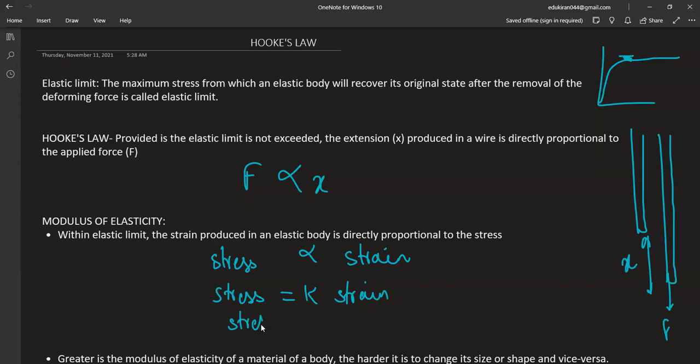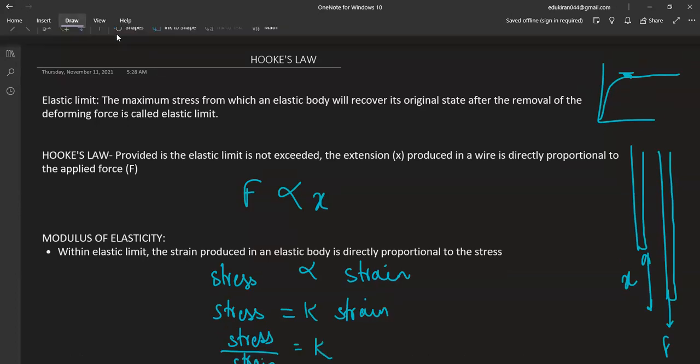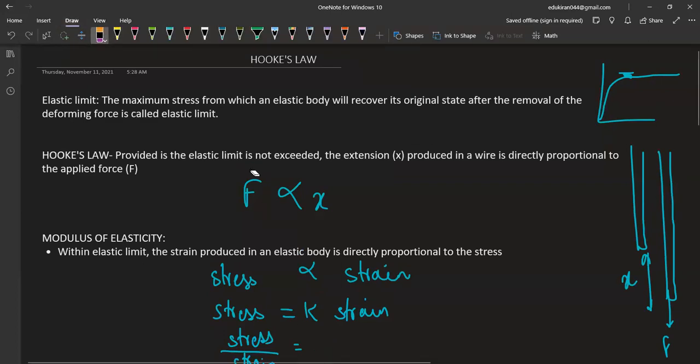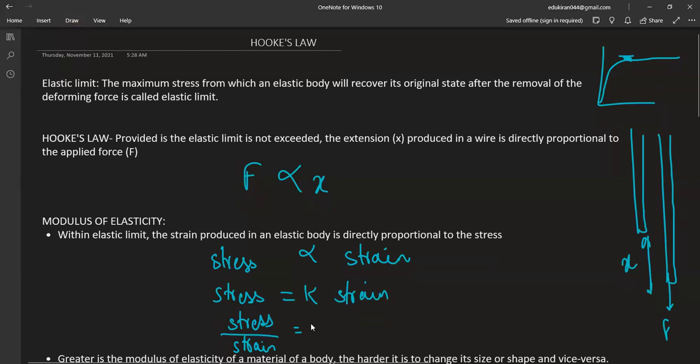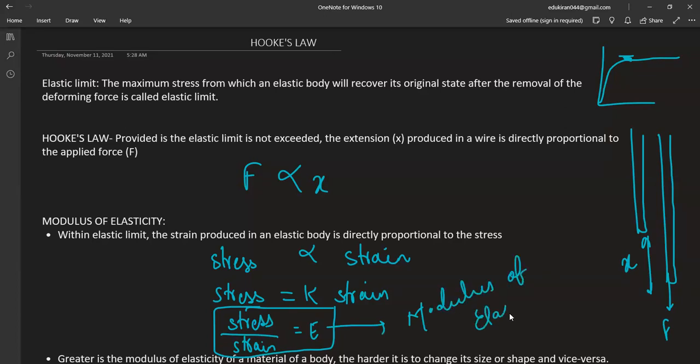So if I bring it in the denominator, stress over strain is equal to a constant, right? This constant, stress by strain, is equal to E. This is known as modulus of elasticity. So if the elastic limit is not crossed, stress will directly be proportional to the strain. This is the statement of Hooke's law.